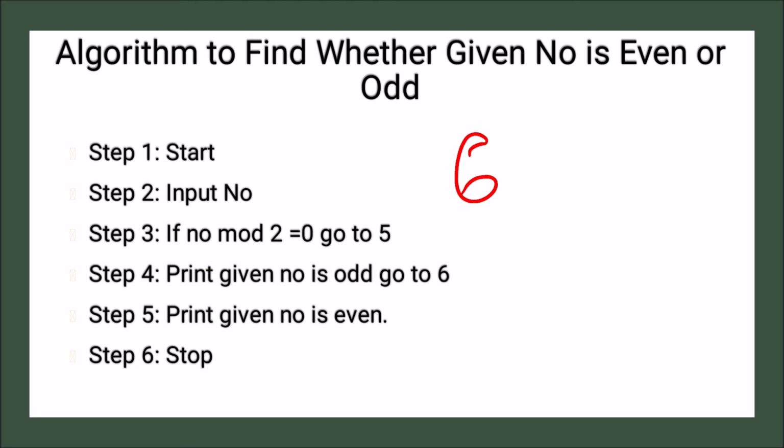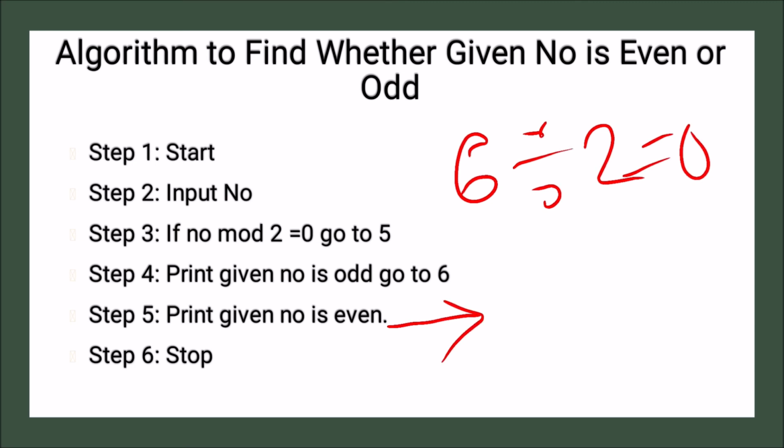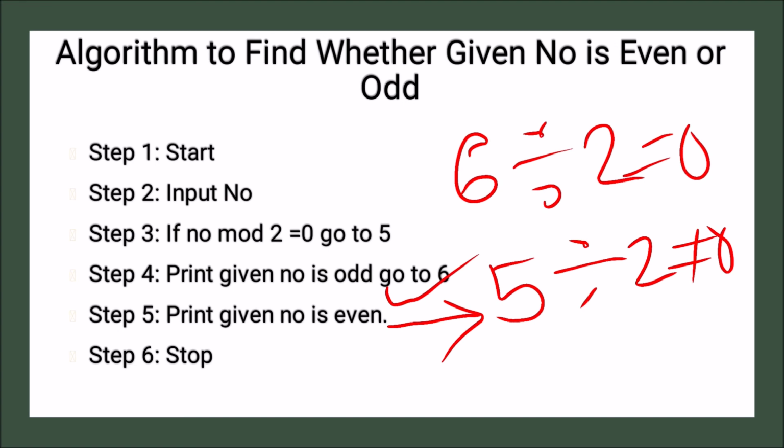In step 2 we take the input number, suppose 6. In step 3, we check if number modulo 2 equals 0. 6 modulo 2 is equal to 0. Then go to step 5 and we print that the given number is even. If it is 5 modulo 2, which is not equal to 0, then we print that the given number is odd and go to step 6, which is stop.